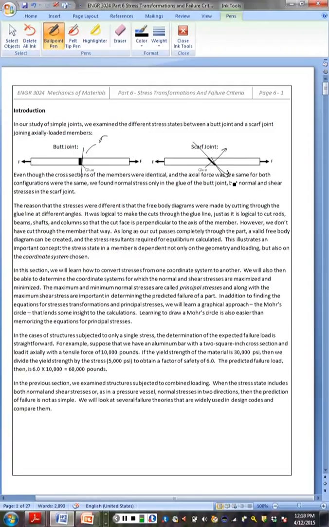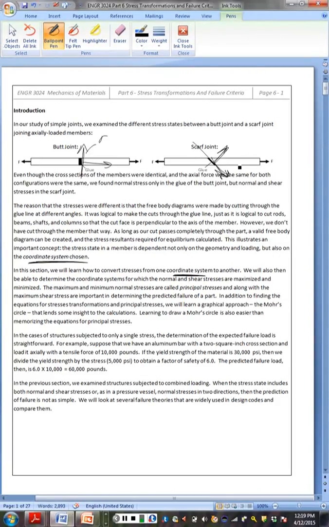what was going on within the glue structure is dependent on your reference coordinate system. Obviously, it's the same force, the same structure undergoing the same load, but your perspective on it, the coordinate system that you pick, makes a difference. So what we're going to learn is how to move from one reference coordinate system to a different one with a rotation or transformation.